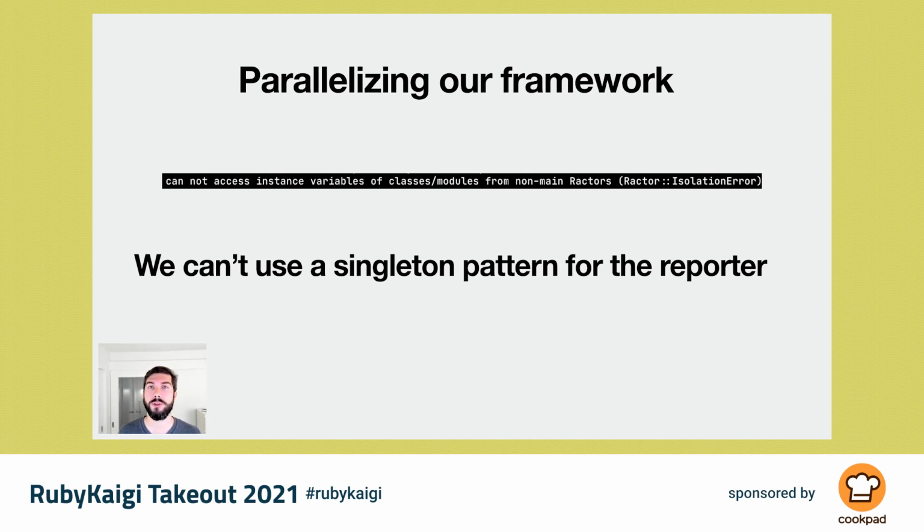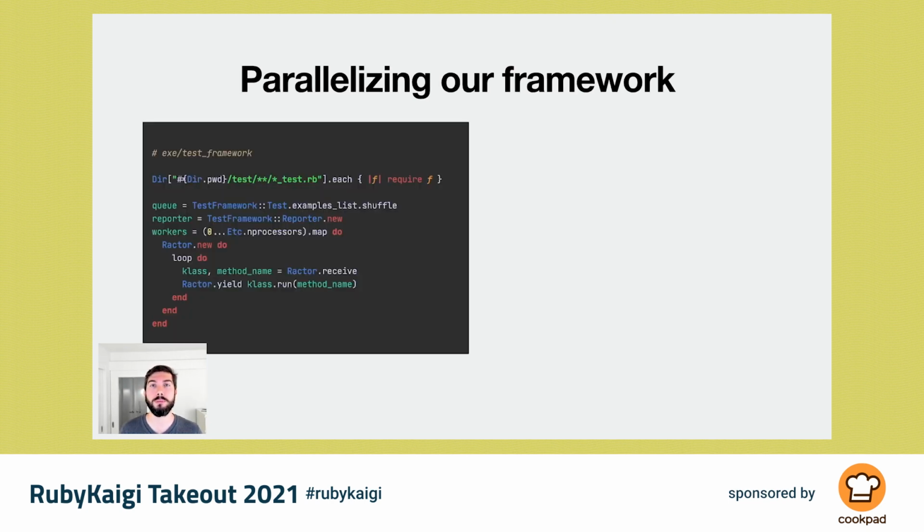One possible way of achieving this is by creating multiple reporter instances and aggregating information in an aggregator. So here in our main Ractor, we create a new reporter that's going to be responsible for aggregating information. And every time we execute our tests, we're going to have to yield back information about that test run so that we can take that information and save it in our aggregator.